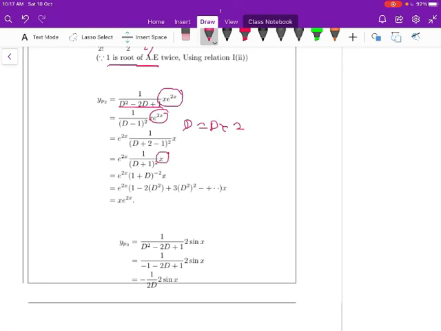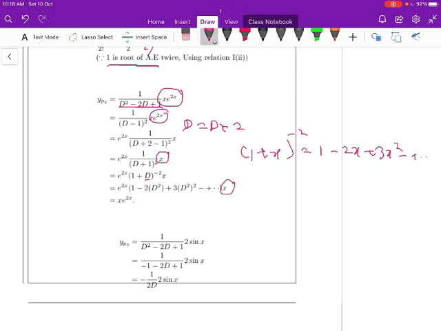This being a polynomial, we can expand by binomial theorem. So e power 2x into, the formula 1 plus x whole to the power of minus 2 is 1 minus 2x plus 3x square minus and plus and so on. Now e power 2x into 1 minus 2d plus 3 d square whole square, like this it goes, into x.